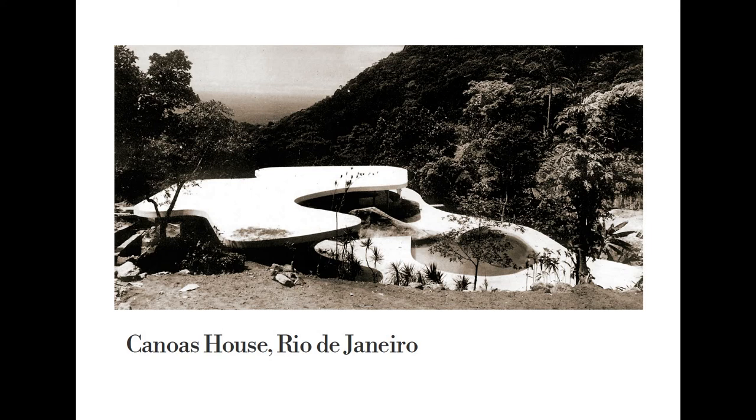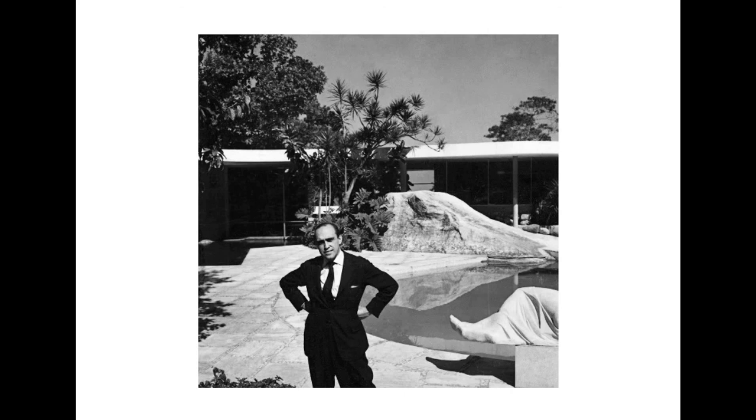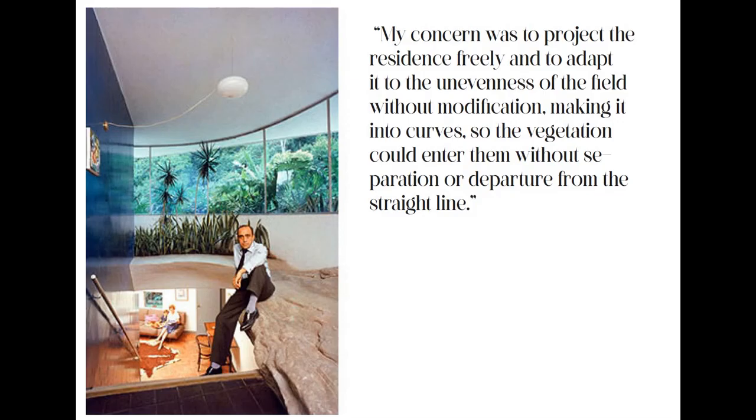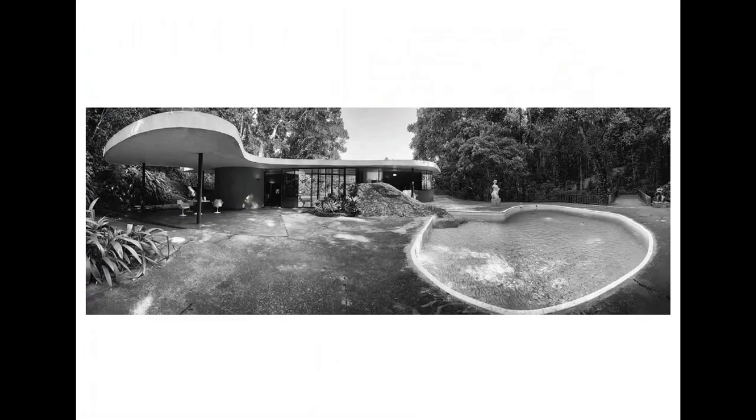Oscar Niemeyer is quoted as saying, in reference to his idea when designing the house, "My concern was to project the residence freely and to adapt to the unevenness of the field without modification, making it into curves so the vegetation could enter them without separation or departure from the straight line."